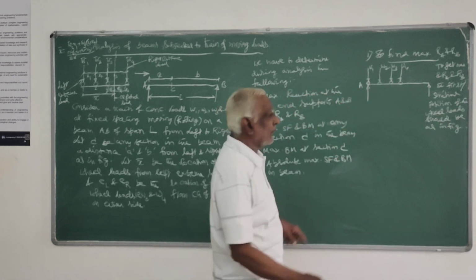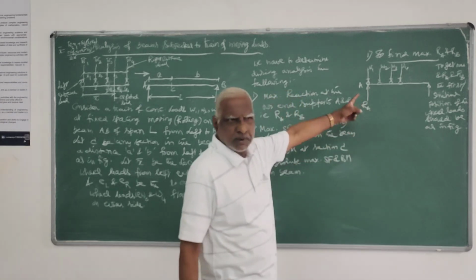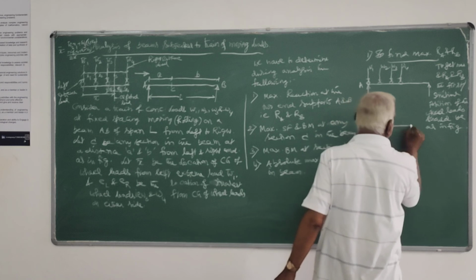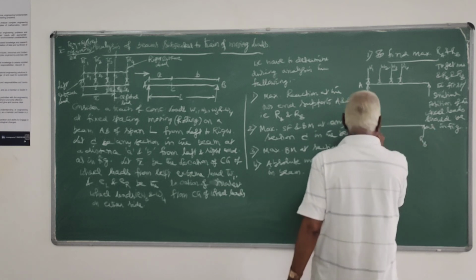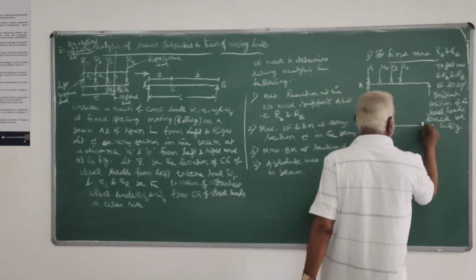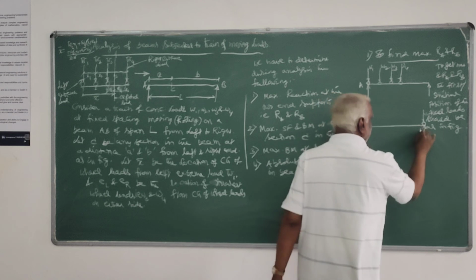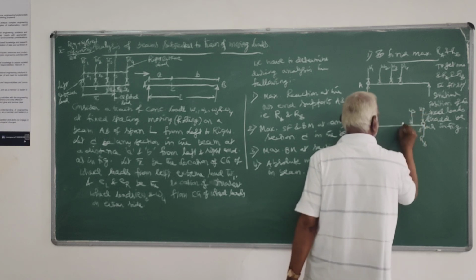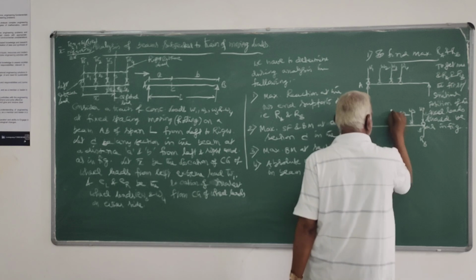To get maximum RA, the extreme left wheel load has to be placed at A, whereas in the case of finding maximum RB, we have to place the right extreme wheel load on B. That is W4, then W3, then W2, W1, like this, you have to place.